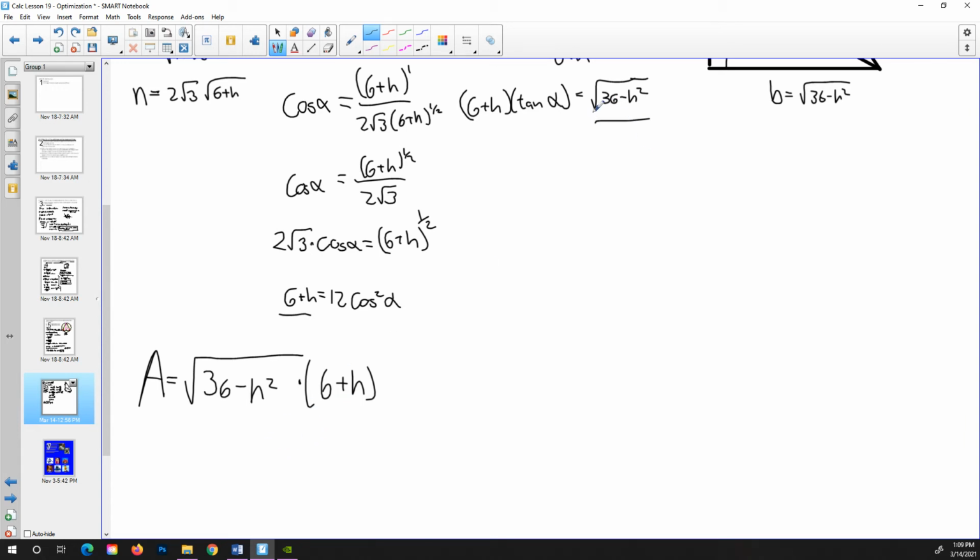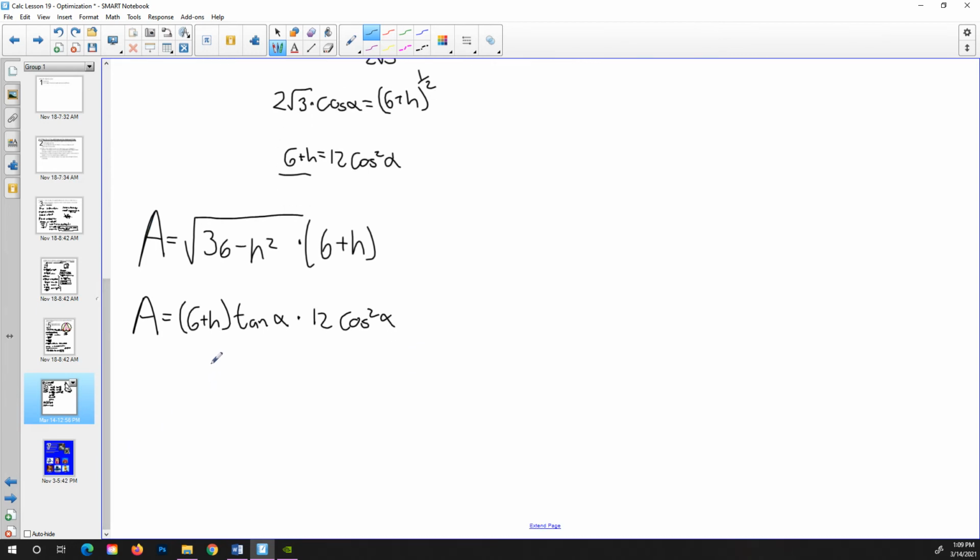So I can replace this square root of 36 minus h squared with this expression here, 6 plus h times the tangent of alpha. And then I can replace this 6 plus h with 12 times the cosine squared of alpha. Now again, that's not 100% perfect because I still have h in it, but it's another 6 plus h.